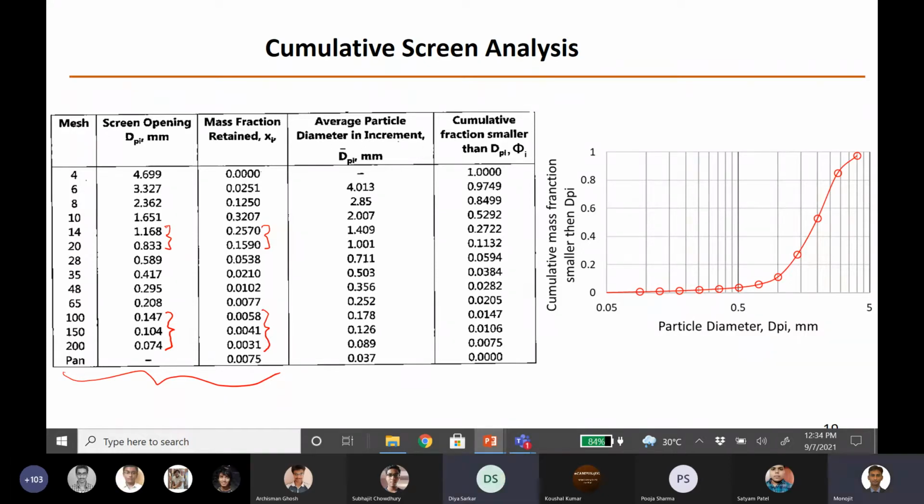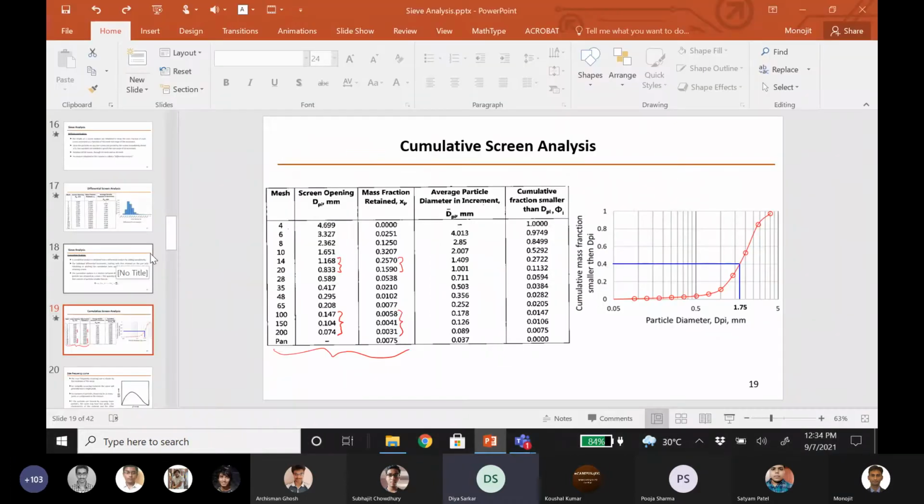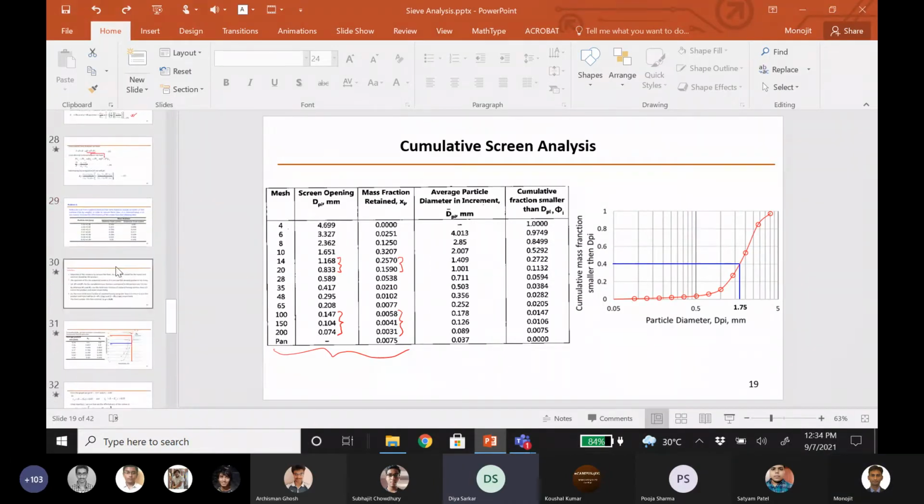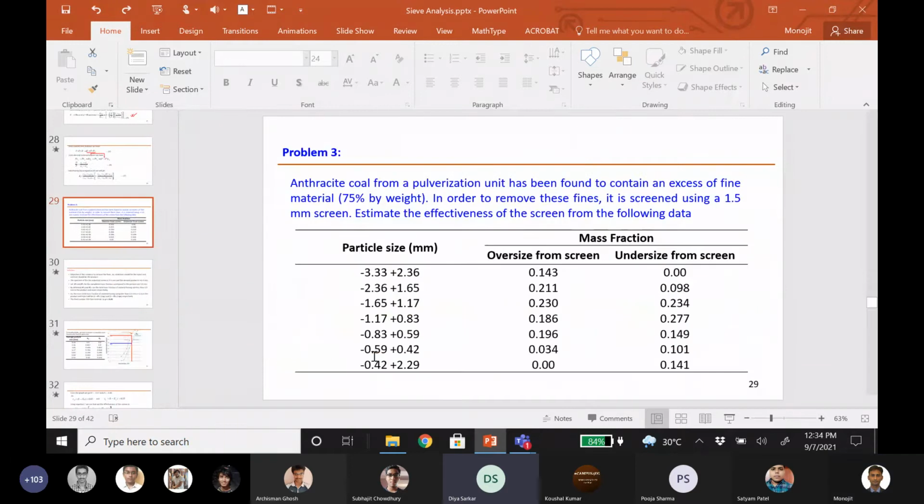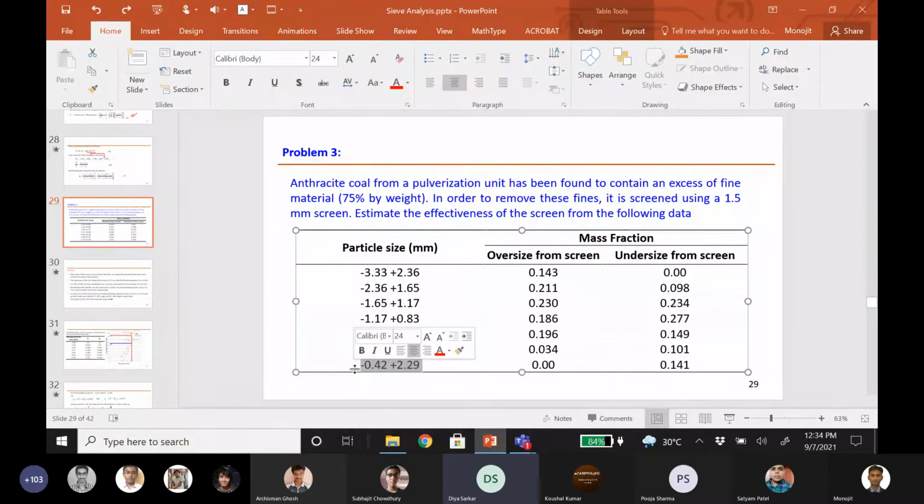Excuse me, sir. Could you go back to the previous table that we were discussing? Yeah, this one. Sir, could you explain what the last row means? Minus 0.42 plus 2.29. What does that mean? The particle which is smaller than 0.52 millimeter. This 2.29 number may not be right.